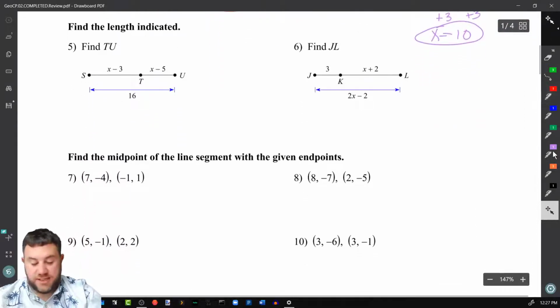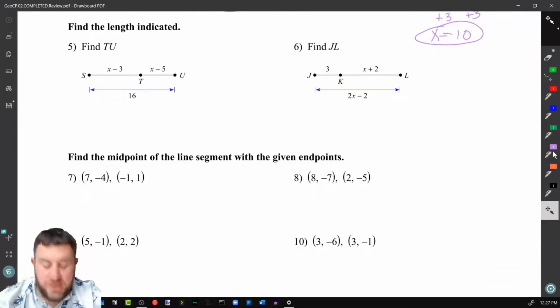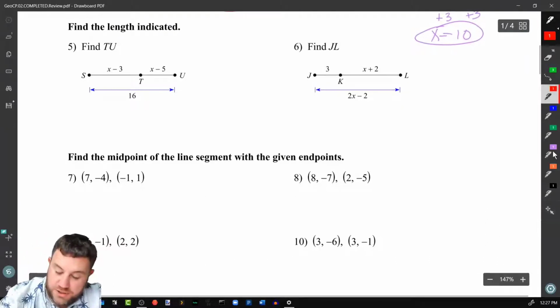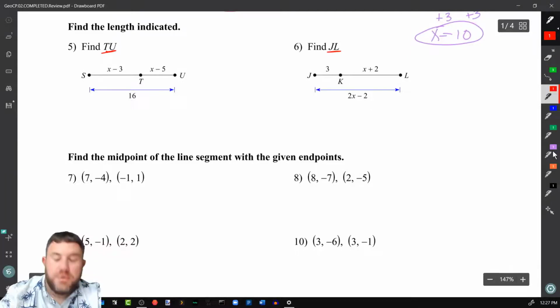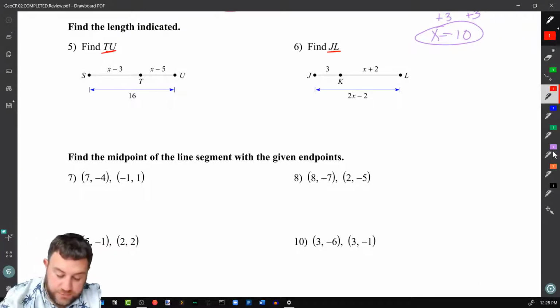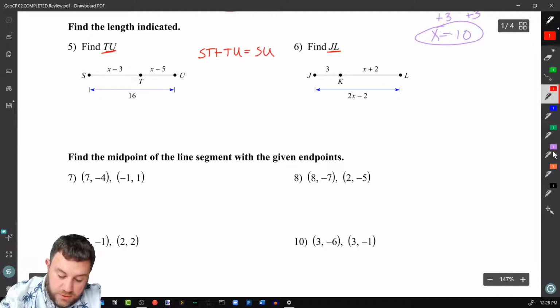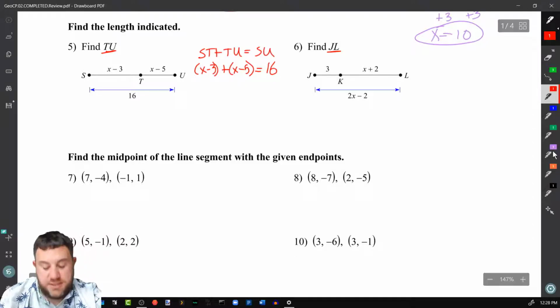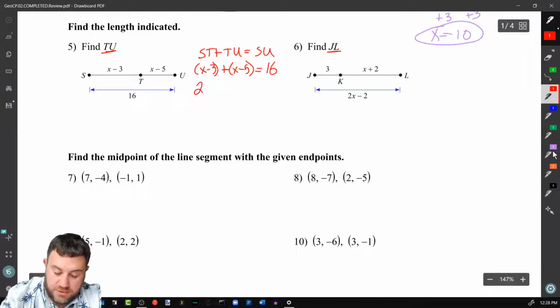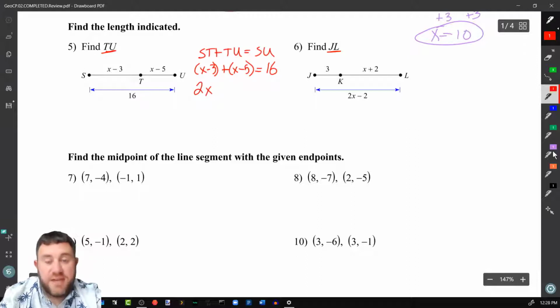For 5 and 6, we start off the same way, but now we're going to plug it back in, and you need to pay attention to what segment you are asked to find in the end. So we know that ST plus TU equals SU. So that's X minus 3 plus X minus 5 equals 16. Let's combine our like terms. We've got 2 X's, and negative 3 minus 5 will give us minus 8 equals 16.